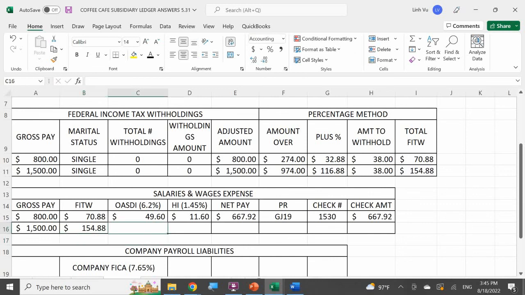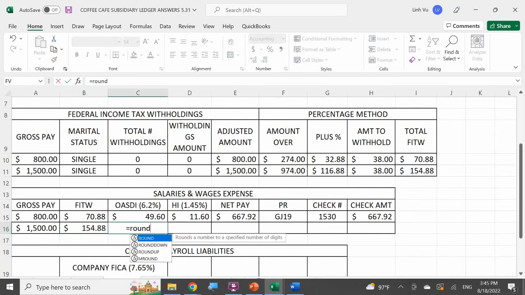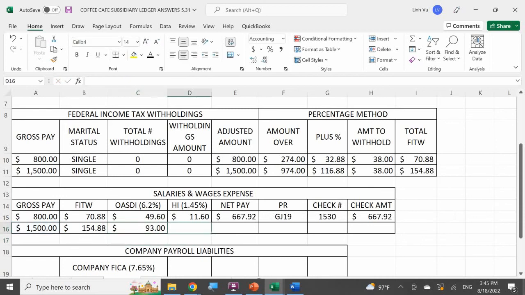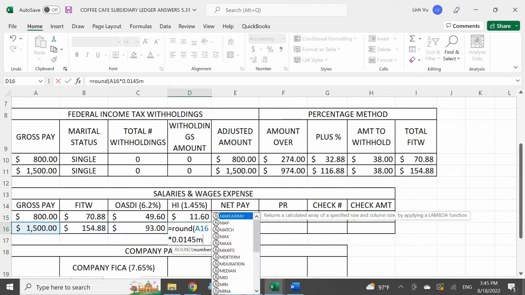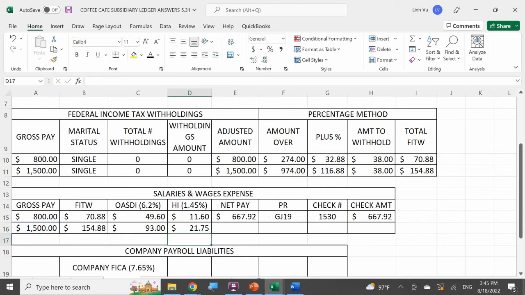$154.88. So how much Social Security is Tim subject to pay into? $93. Right? $93. And how much Medicare? $21.75. So again, it's based on the amount that they make.